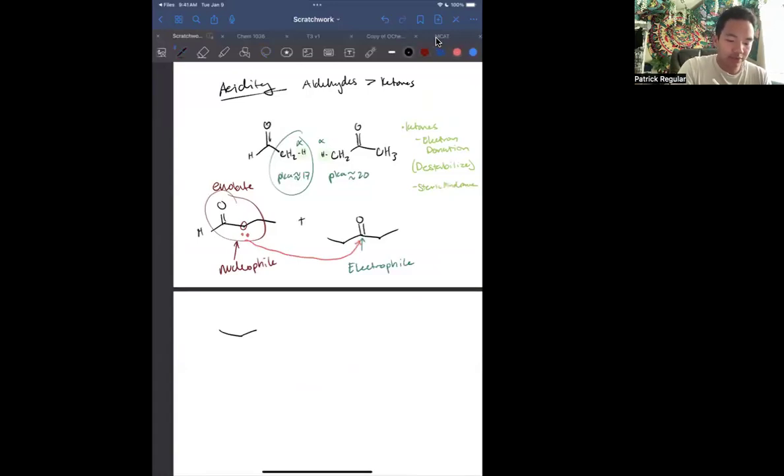So what would we see? Well, let's draw that electrophile as it was. Now that the lone pair just added on, these are going to be kicked off, and then this is the compound we're going to make. Eventually that O is going to be protonated into OH.